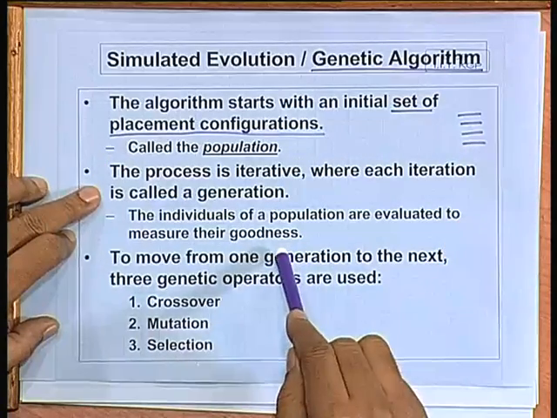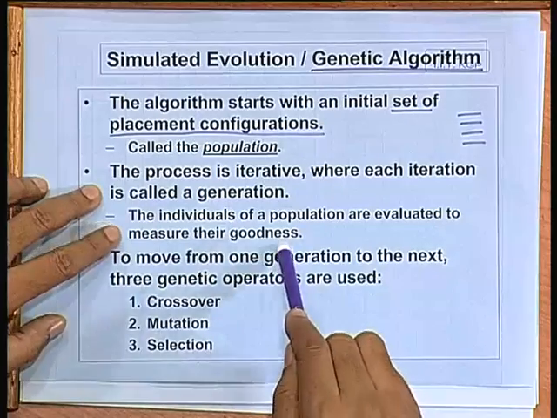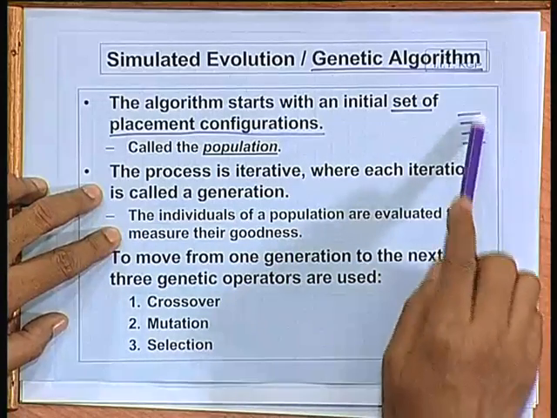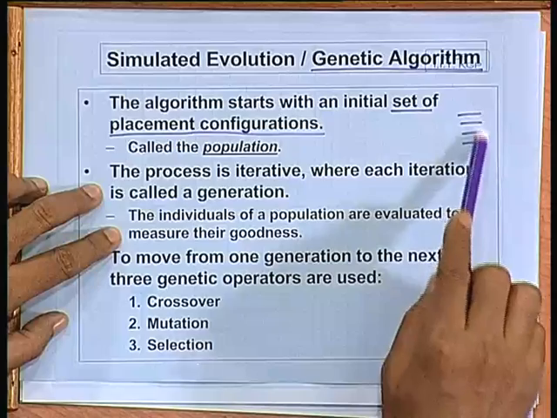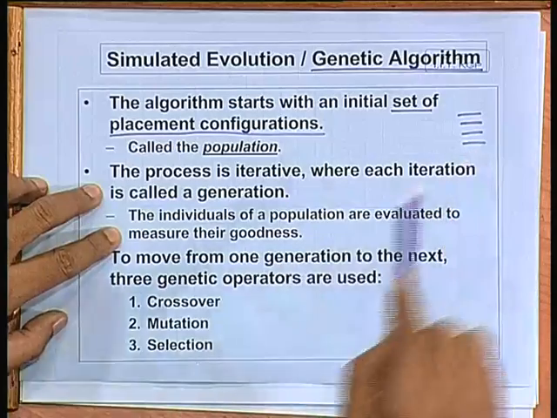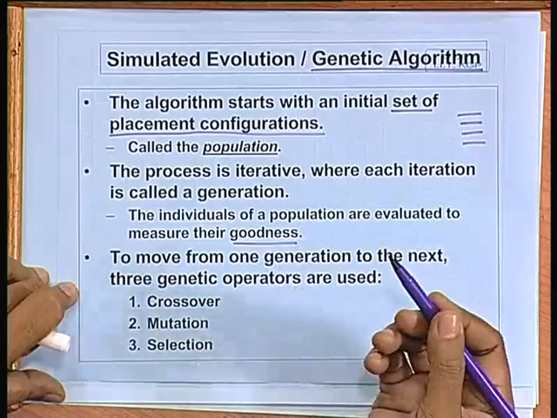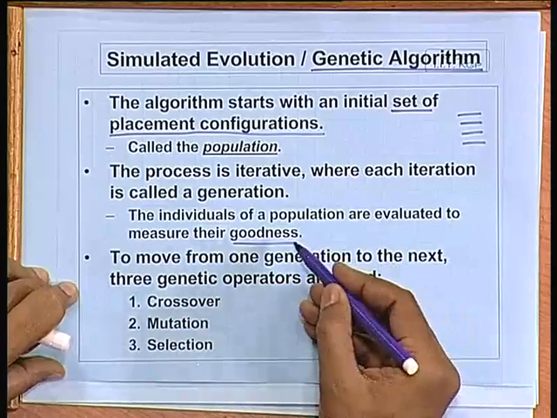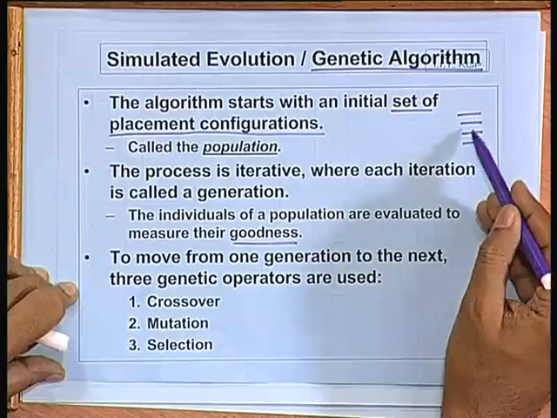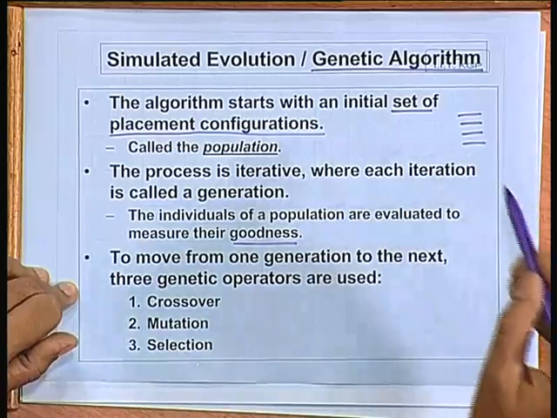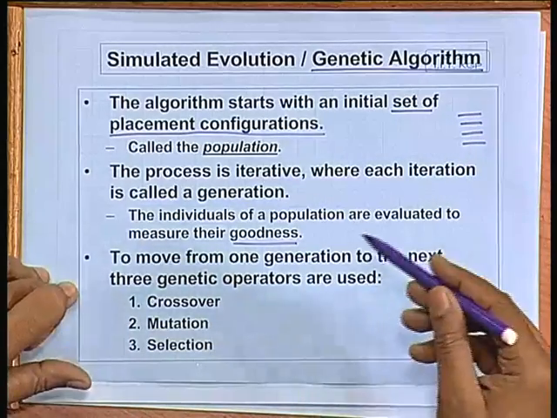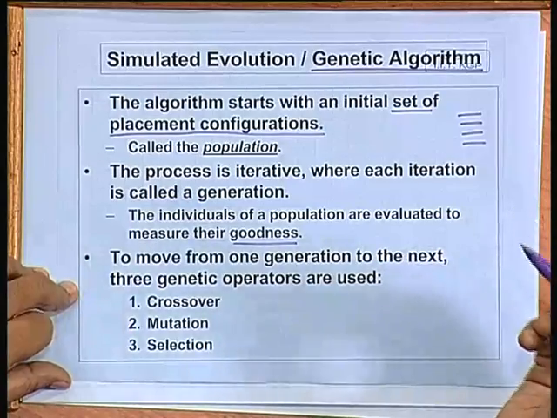There is some kind of a cost function with respect to which you can evaluate the goodness of each of the members of the population. You can measure the goodness, which is sometimes called the fitness measure of the members of the population. This is also an iterative method like simulated annealing.